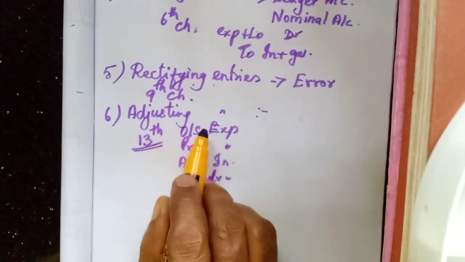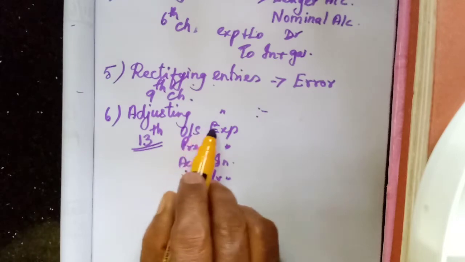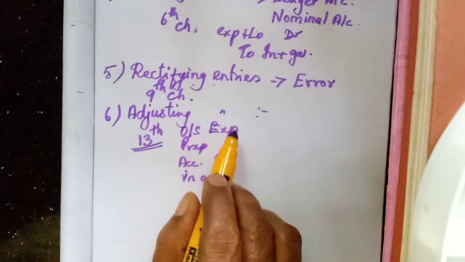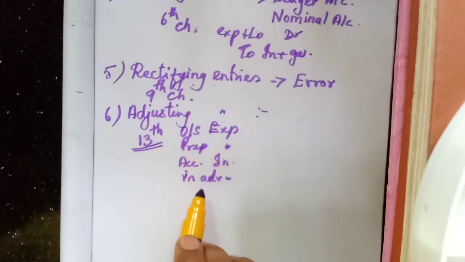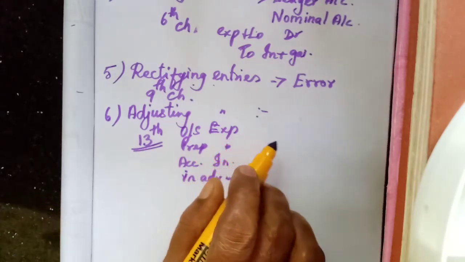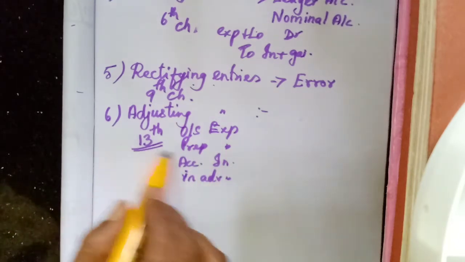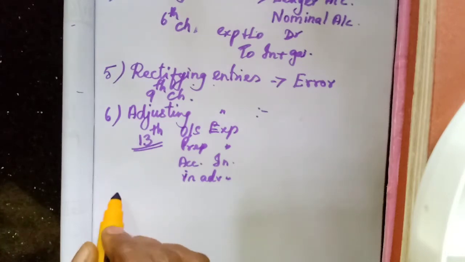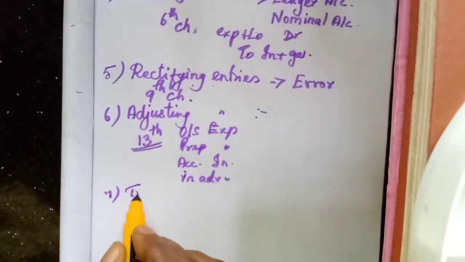Only by preparing the adjusting entry can we add that amount along with that particular expense or income, or deduct it from that expense or income. That is called the adjusting entry. This also we will learn in the 13th lesson. Then after this, the transferring entry.